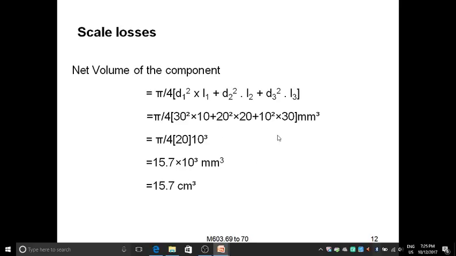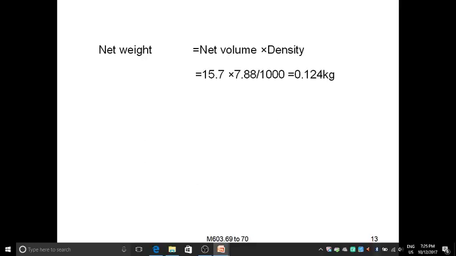Now our objective is to calculate the losses. The first step is calculating the net weight.